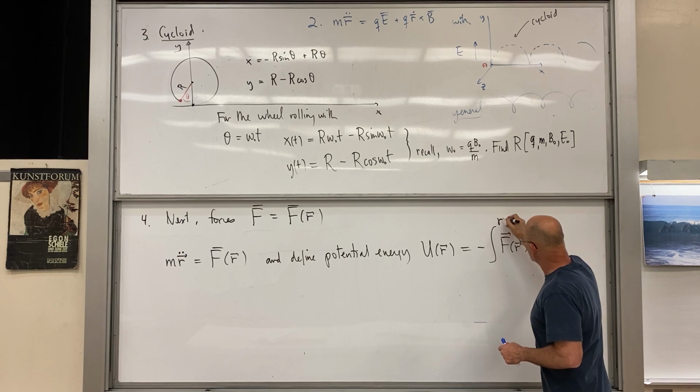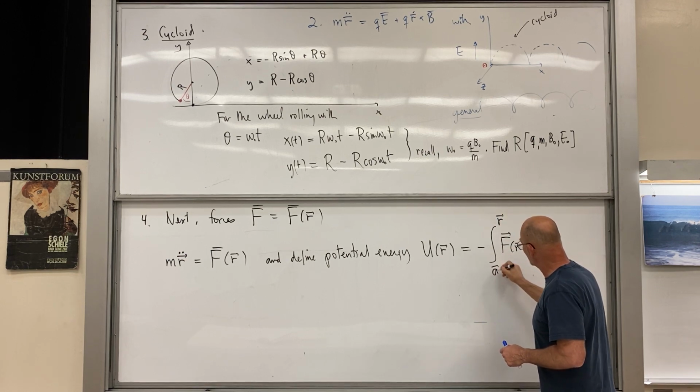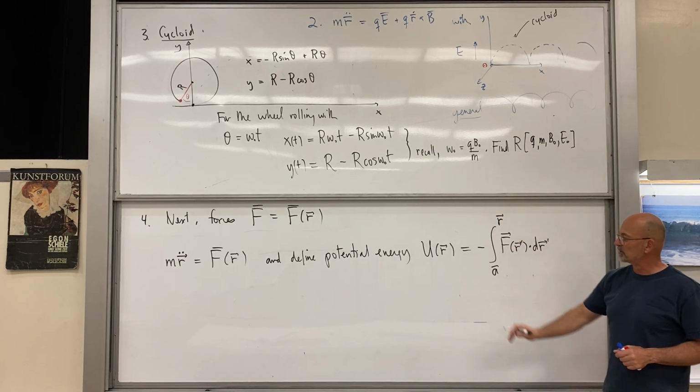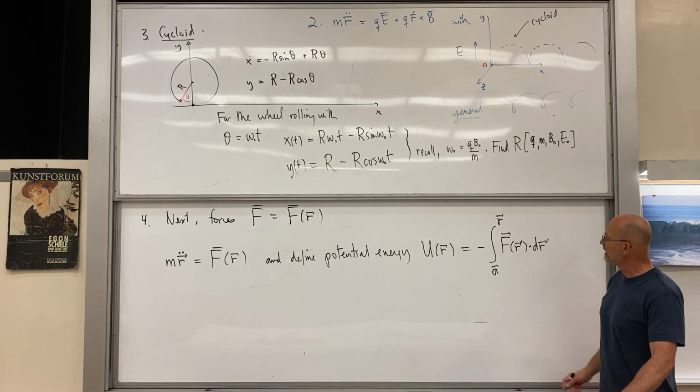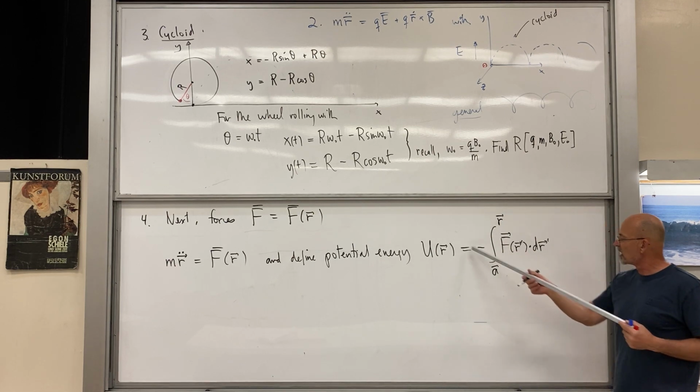And the upper boundary is R, A is some point that we're free to choose. So this is just like the 1-dimensional case, but it's a more complicated object.